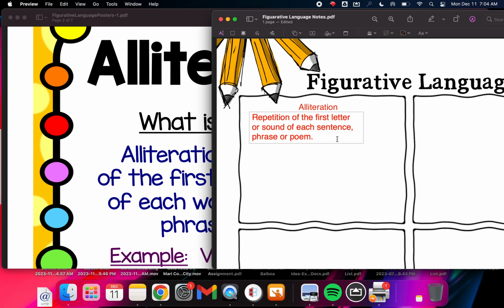So that's the first part of my notes, just telling what alliteration is: a repeated letter or sound.